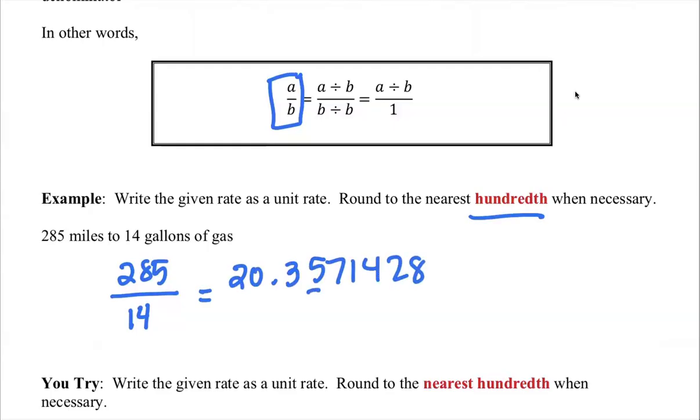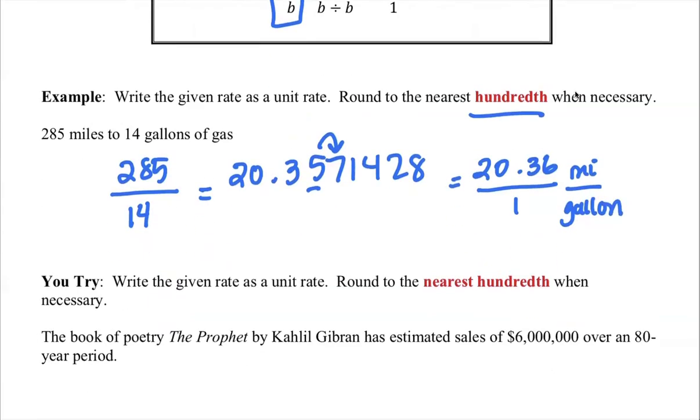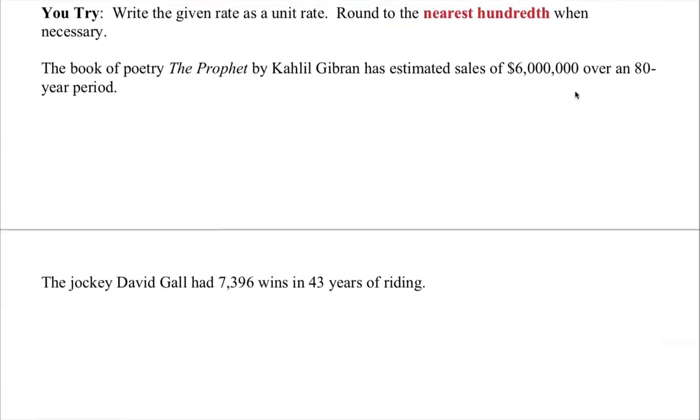When we look at the digit next to it, it is 5 or bigger, so we round up. So 20.36 miles per gallon of gas. So about 20 miles per gallon.